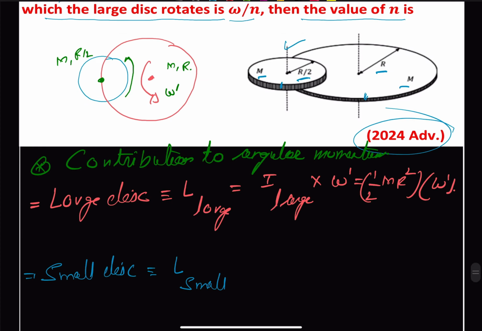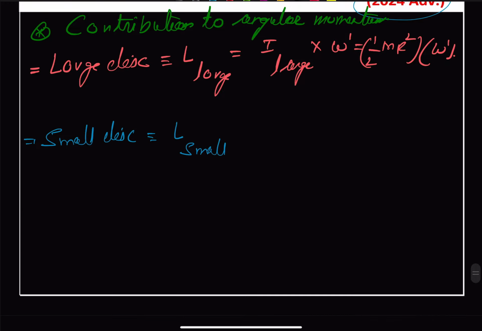This small disk is going to have two types of motion. One will be along its axis, and the other you can say is orbiting around this larger disk. So it will also be moving in this direction. So the small disk is going to spin as well as rotate.